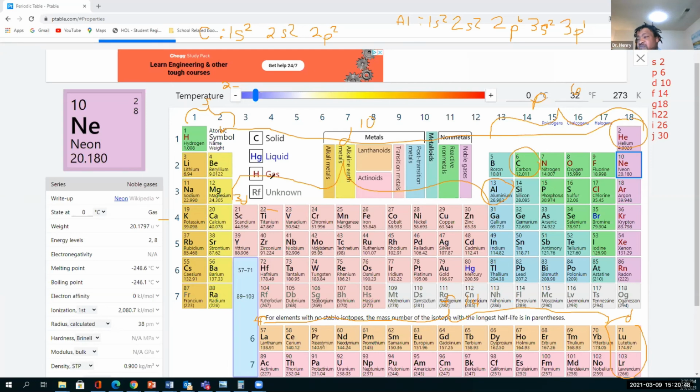Okay. So let's do copper. We start off at the 1s, so it'll be 1s2. Then we go to the 2, so that's 2s2. Then we have 2p6. Then we have 3s2.